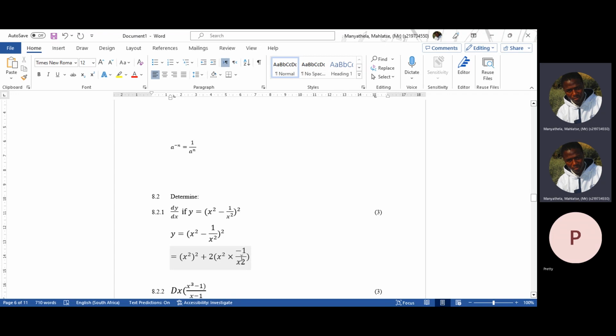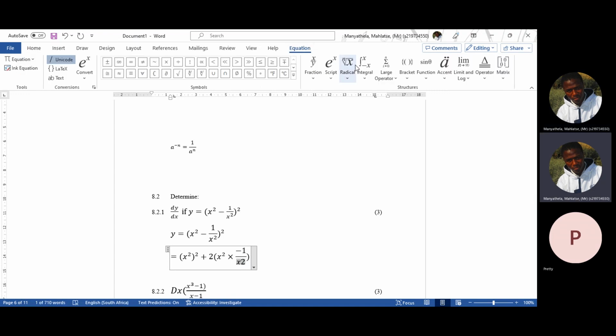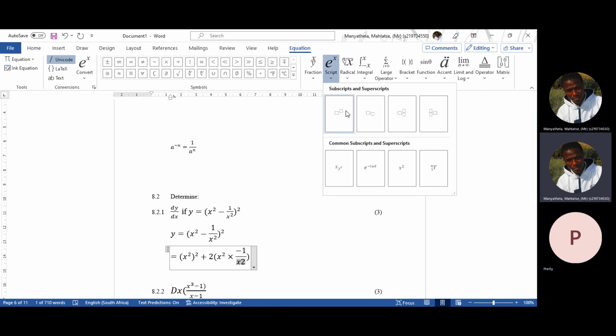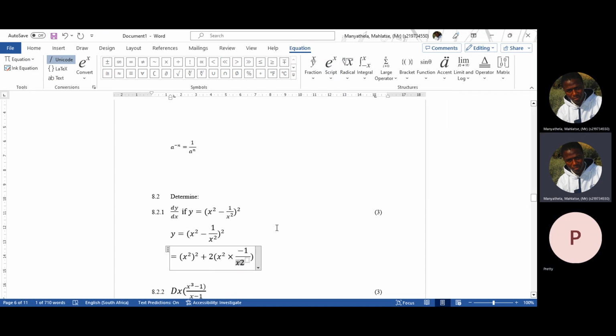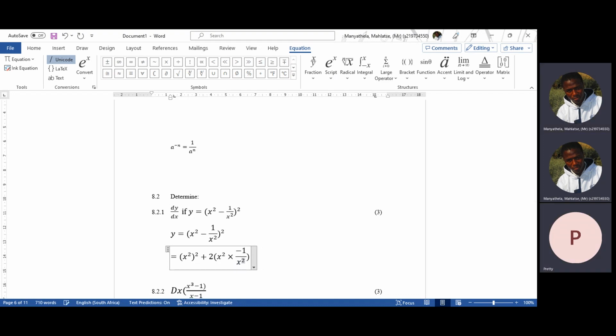So if we check here, we have 1 over x squared. You can see that we have 1 over a to the exponent n, right? So let's write it as a to the exponent negative n.